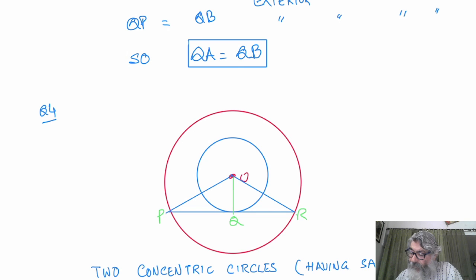Radius of the smaller circle 3 centimeter, radius of the larger circle 5 centimeter.